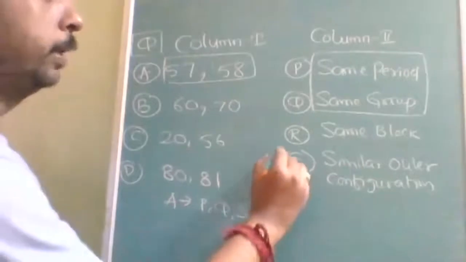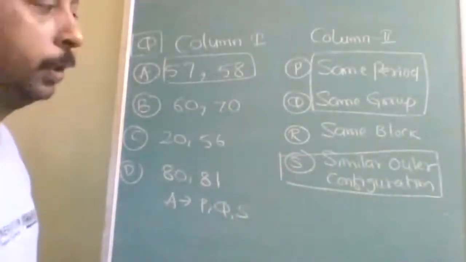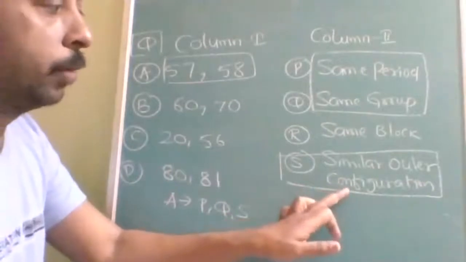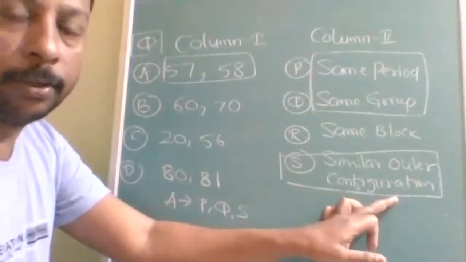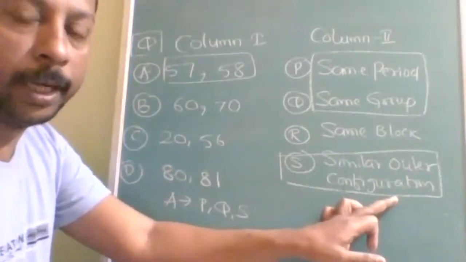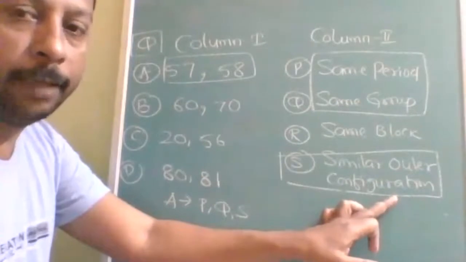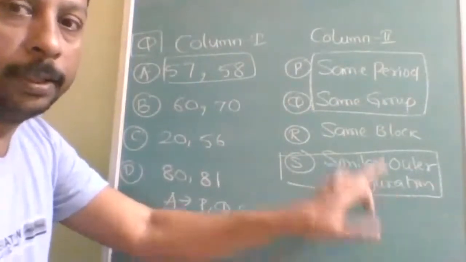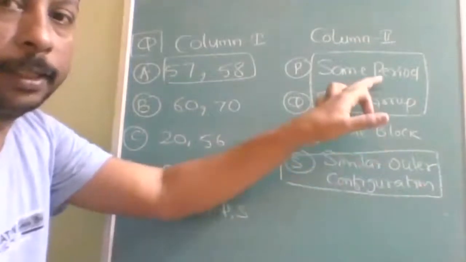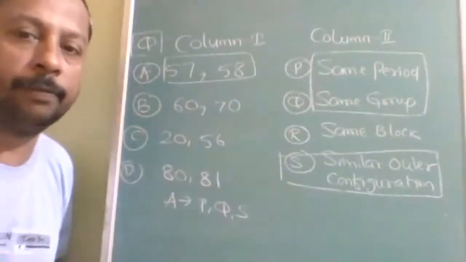Why? Because they are in the same group, third B group. The outer configuration is the same, while the inner electronic configuration, the penultimate and antepenultimate configuration, will be changing. But they have the same electronic configuration in the outer. And they are in the same group and the same period because they are lanthanides 57, 58.